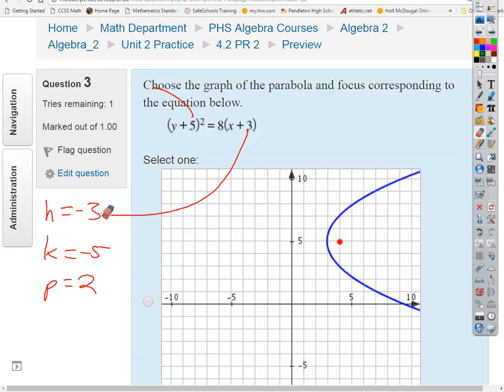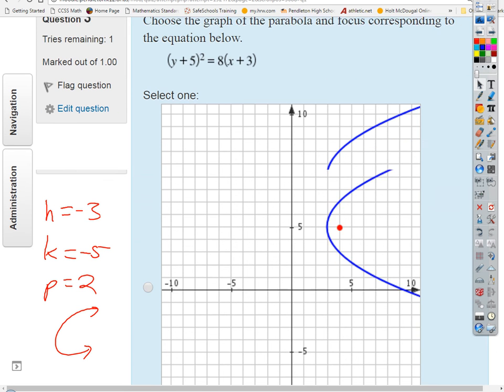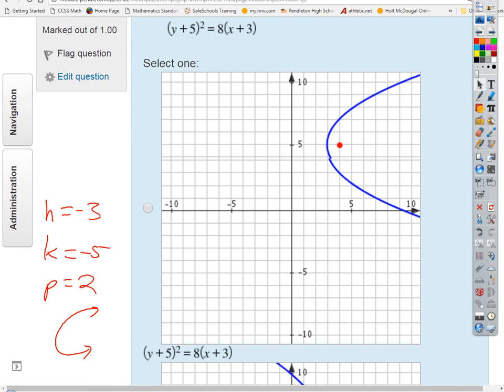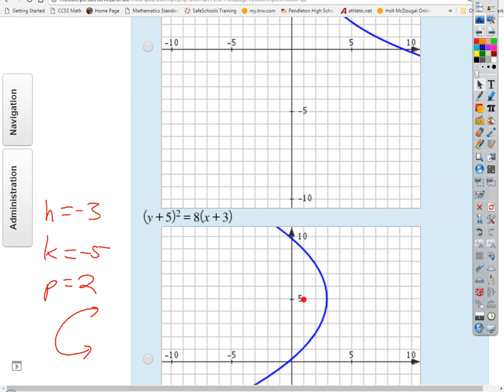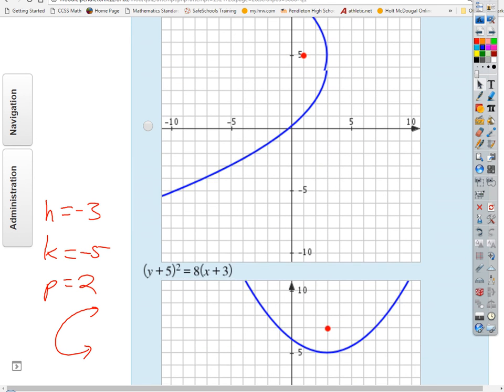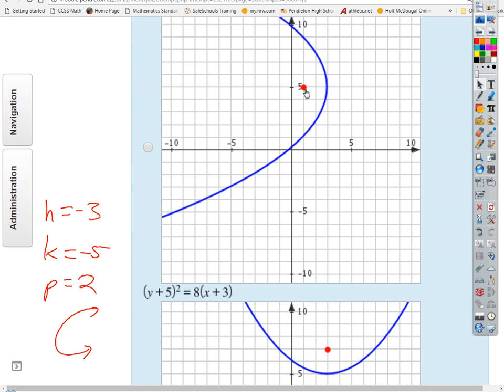So we should be able to find this pretty easily. Okay, so we know it's going to look like that, right? So -3, -5 are the coordinates of the vertex. Is that the vertex? No, what's that supposed to be? Focus, yeah.